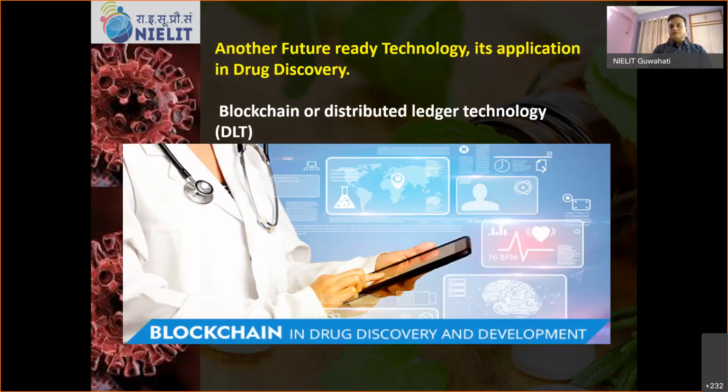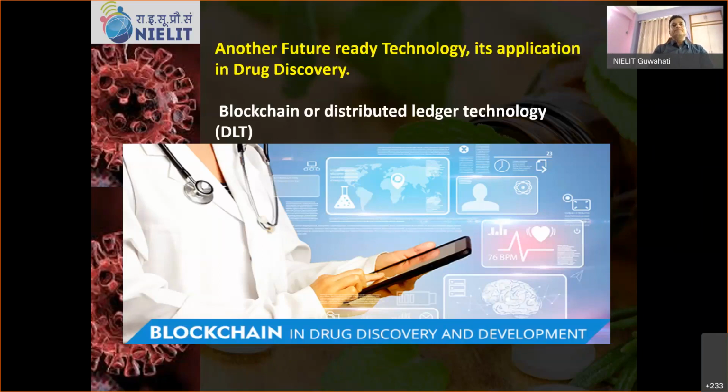Then blockchain is a very new technology which is associated with Bitcoin. Bitcoin is a cryptocurrency that many of you may be familiar with. Blockchain is a technology developed to maintain those cryptocurrencies. That blockchain technology is used for storing information for medical purposes and drug discovery purposes.